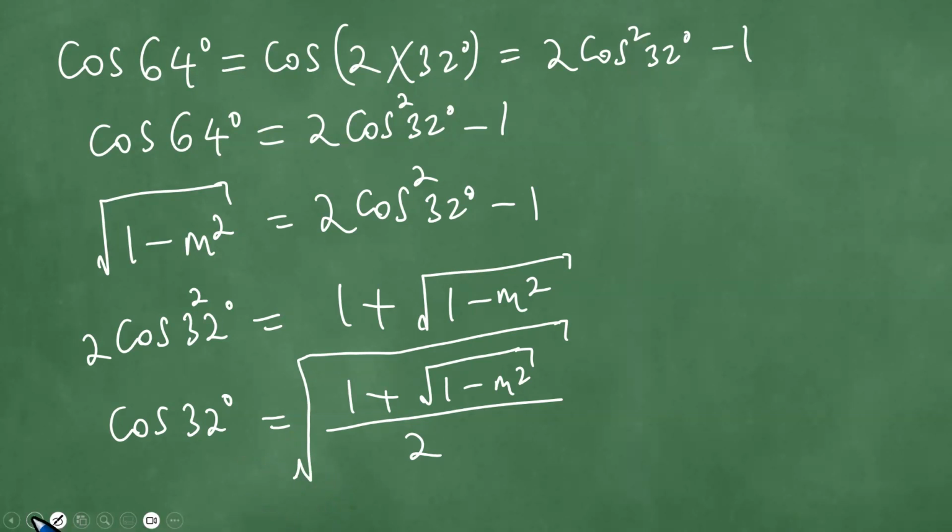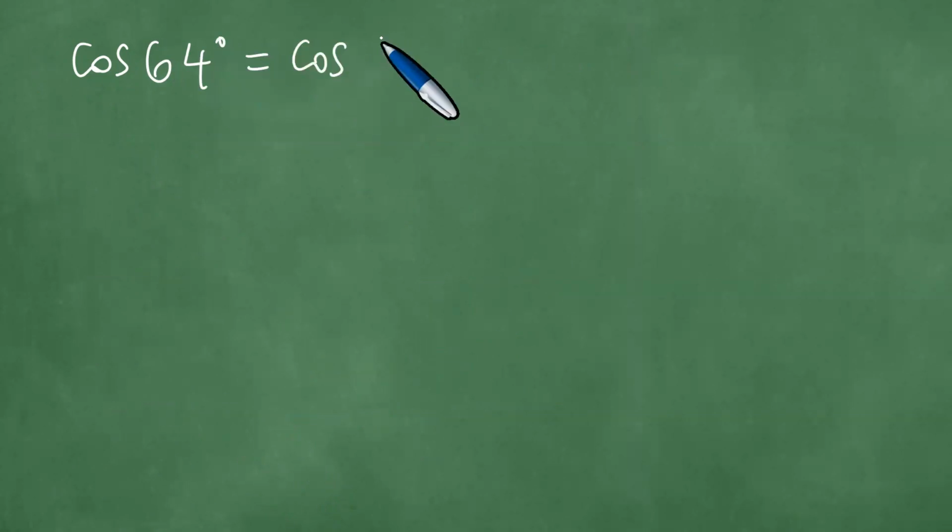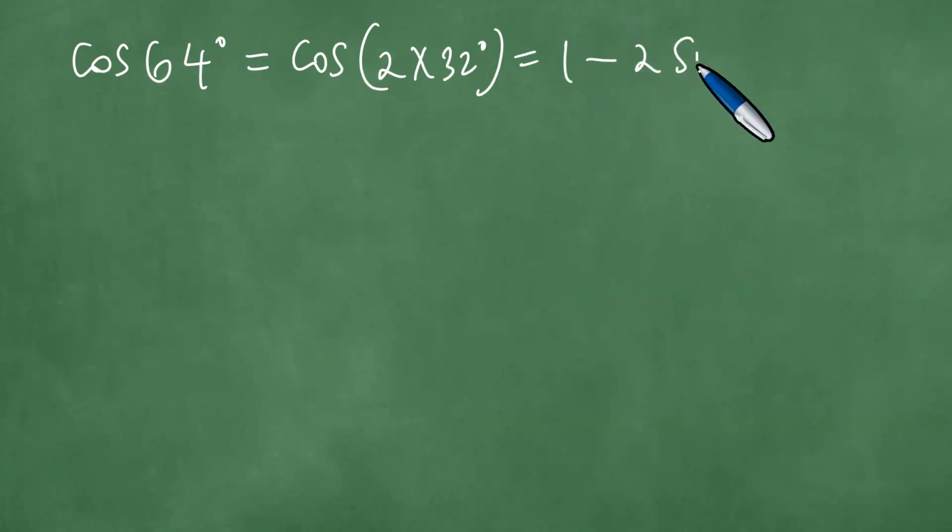Next, we find now the sine. We also note that the cosine of 64 degrees, where 64 is 2 times 32 degrees, using double angle expansion, is 1 minus 2 sine squared of 32 degrees.